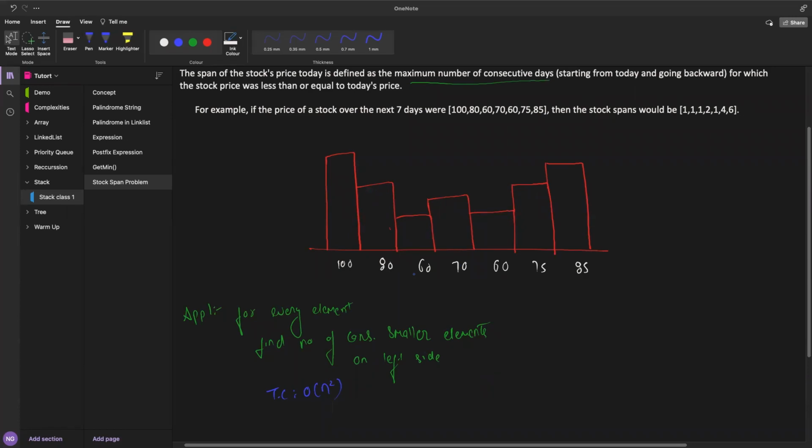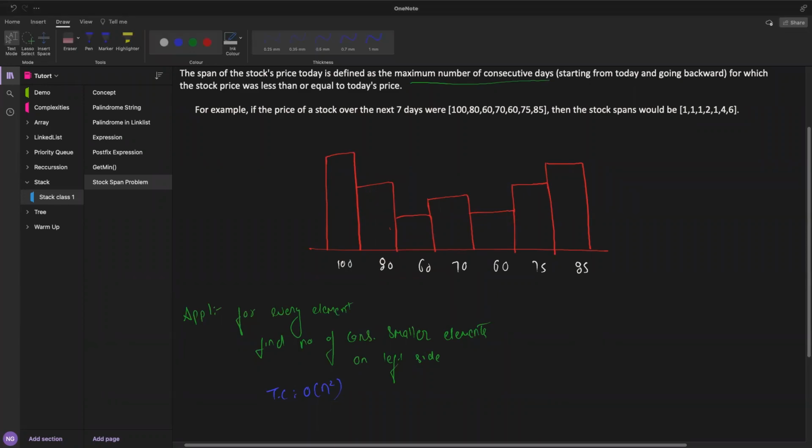Or any doubts so far? It's clear. Asmita, what about you? Yes, clear.